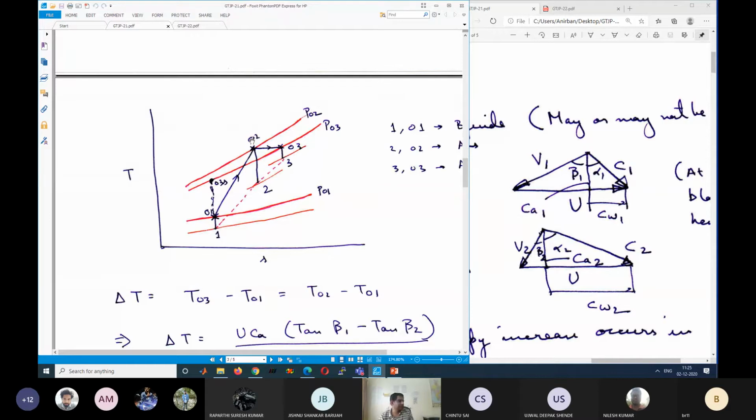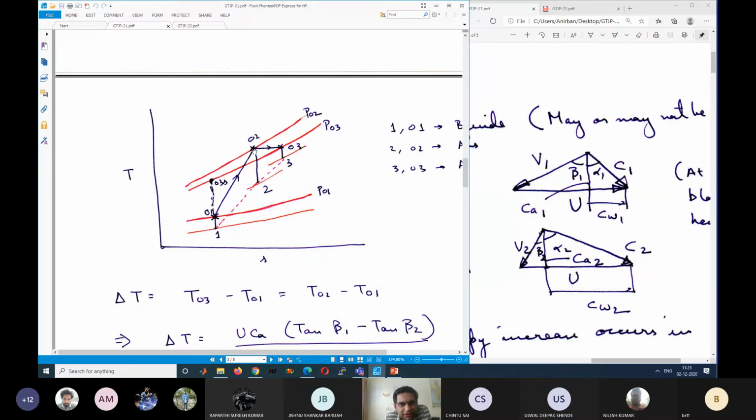At this point, what is the kinetic energy of the fluid? After the rotor, what is the kinetic energy of the fluid? Kinetic energy is C2 square by 2, correct.